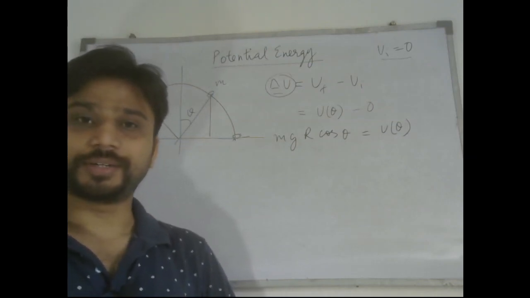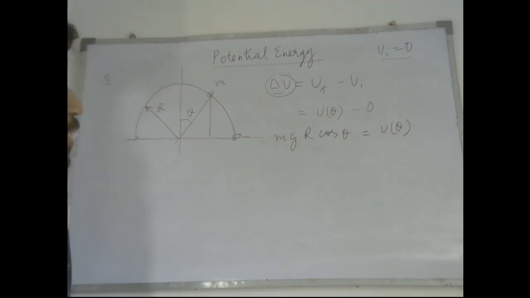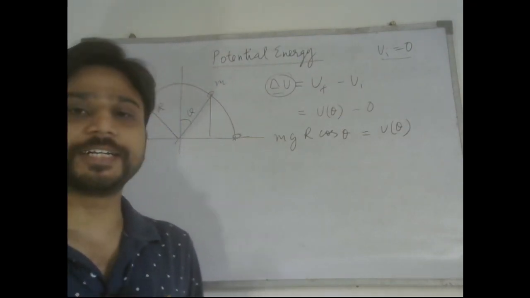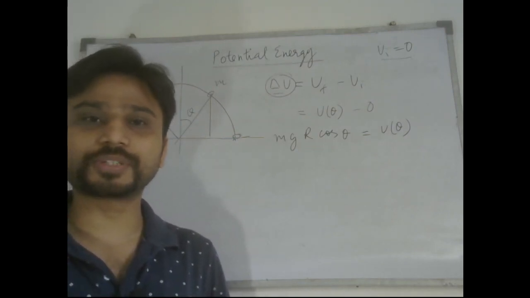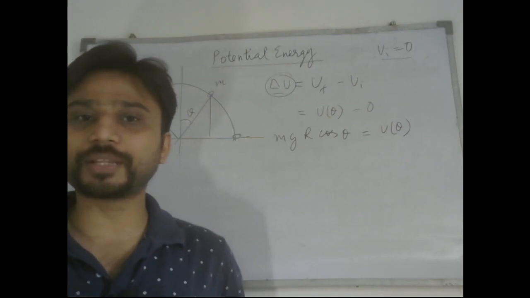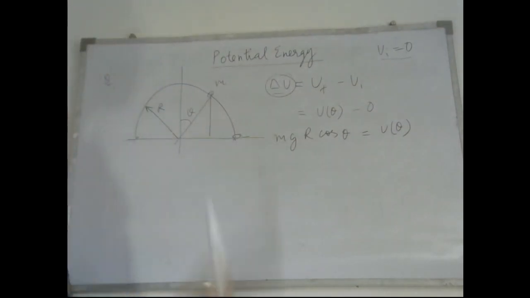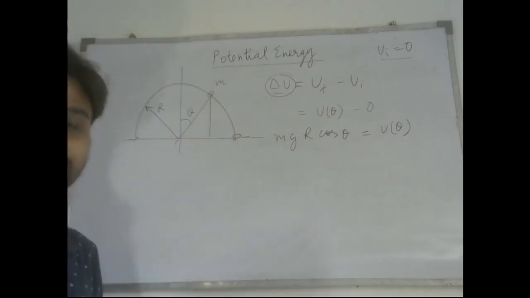What did we learn? First, we can write the potential energy expression directly, which I have been reiterating, because potential energy is the kind of force where the work done by the force does not depend upon the path. So we directly wrote the change in potential energy without going into details of how the mass m is going to get there.